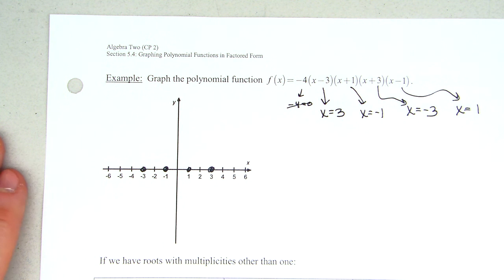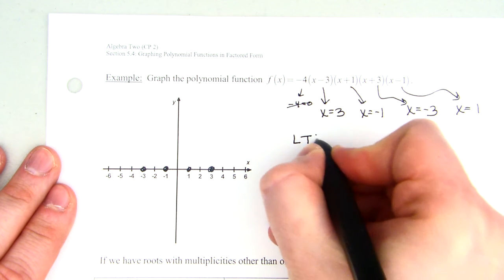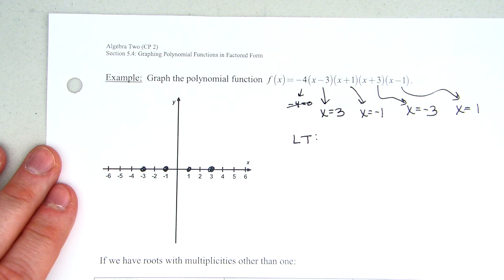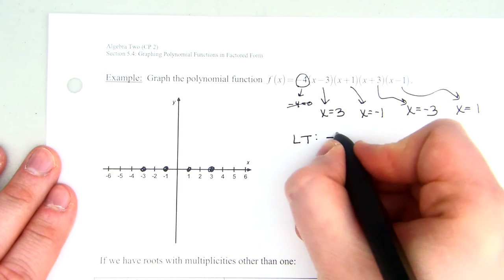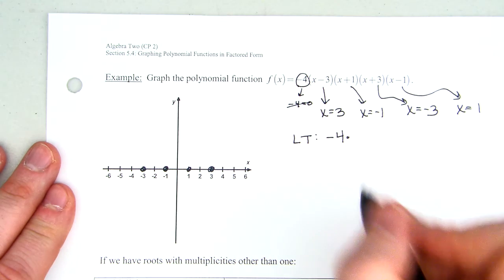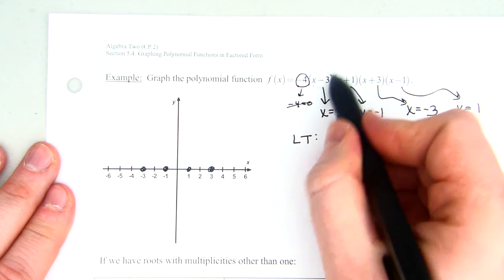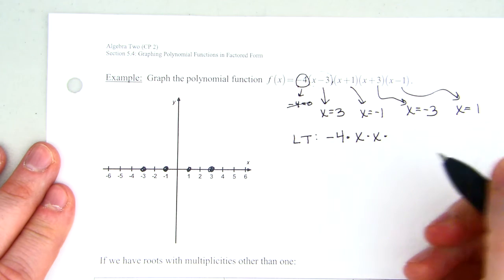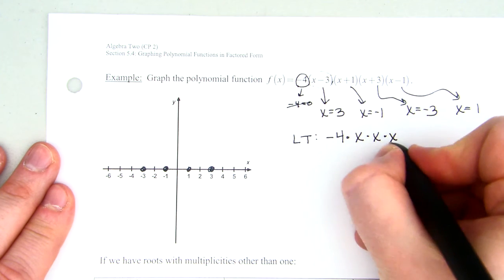Next, I need to find my leading term. I'm going to multiply the leading term of each piece, including that leading term of a -4 that's out front before the entire problem. I'm going to get -4 times. Leading term here, just x. Leading term here, just x. I'll give you a hint. It's basically always going to be x. Well, maybe with a power, but basically always x.